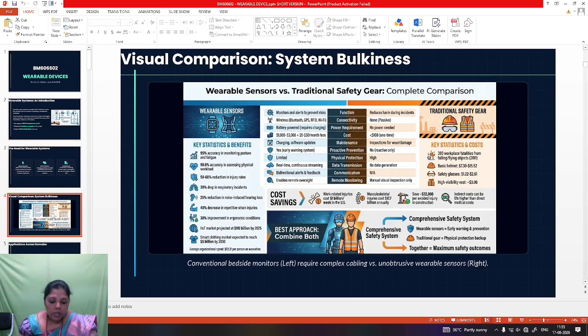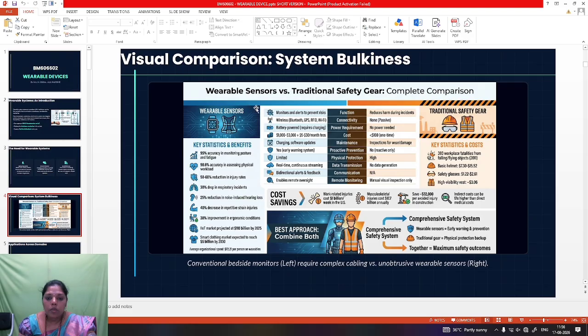Now let us move to the next slide. Visual comparison: now let us look at wearable sensors versus traditional safety equipment. Wearable sensors monitor function and alert to prevent risk. Traditional safety reduces harm during an incident.